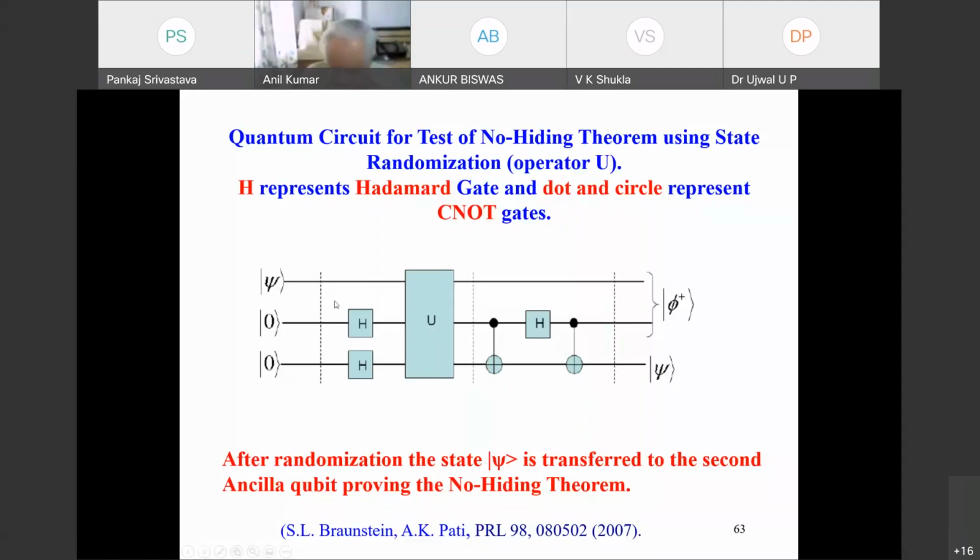No-hiding theorem. Okay, conversion of the U matrix into an NMR pulse sequence has been achieved by a novel algorithmic technique developed in our lab by Ashoka Joy.